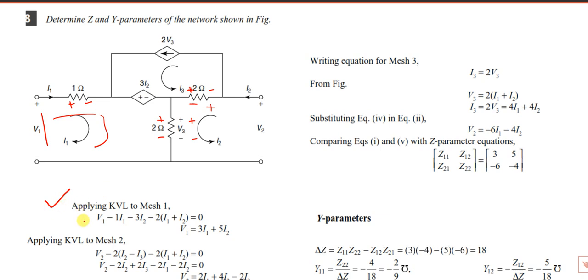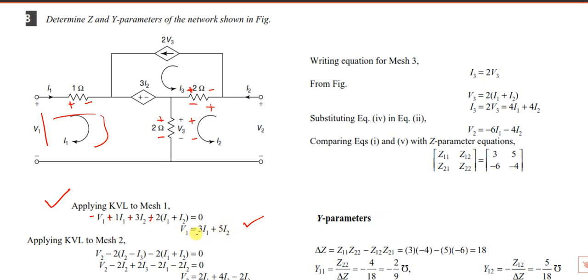Why are both plus? Because the I1 direction and I2 direction are the same, downwards. If I simplify this, V1 is equal to (1 plus 2) I1, 3I1, plus (3 plus 2) I2, 5I2. So this equation is correct. V1 is expressed in terms of I1 and I2.